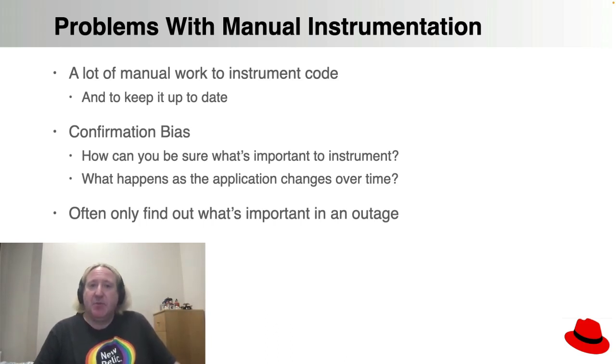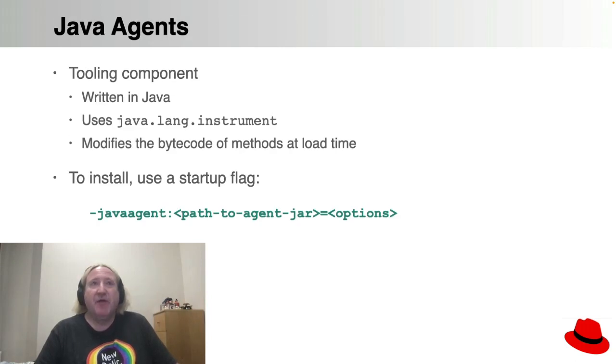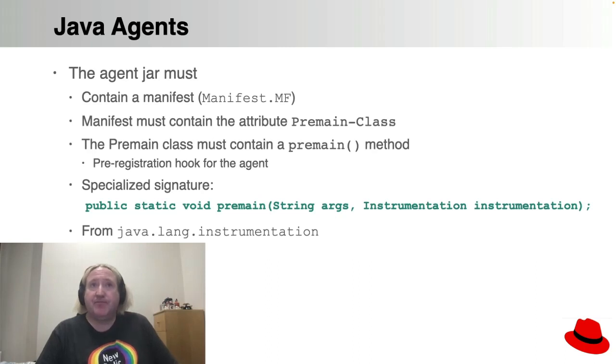So for that reason, lots of people like to use automatic instrumentation. Just to show very quickly, I don't really have time to go into a lot of detail about how Java agents work, but basically Java agents install a hook. I did show an example of this earlier on, which contains a premain method, and that's called a pre-registration hook. It runs before the main method of your Java application, and it allows you to install transformer classes, if you like, which have the ability to rewrite code as it's seen.